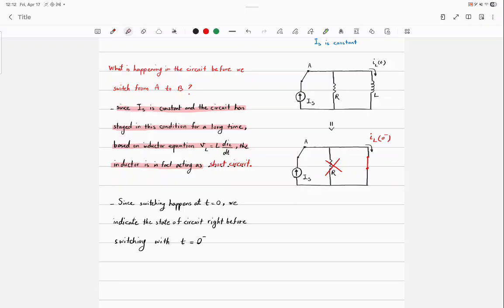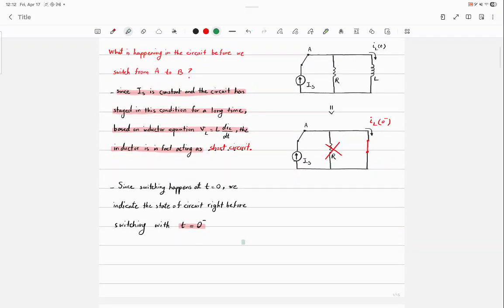Now, I talked about the state of the circuit right before switching, and can you tell me what is the current passing through the inductor at 0 negative? It should be obvious, right?